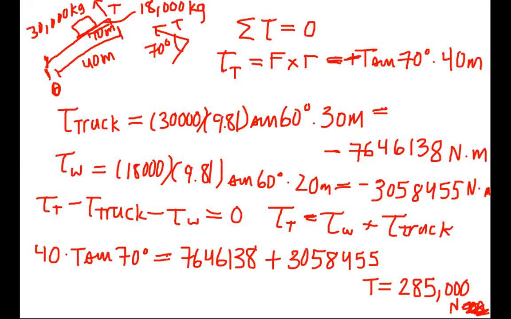So does it make sense how we got to that final answer? Yeah, it does. That's also a very high tension value. It's impressive for a string or whatever it is. But I suppose it makes sense because we have a 30,000 kilogram truck, which is almost 66,000 pounds.